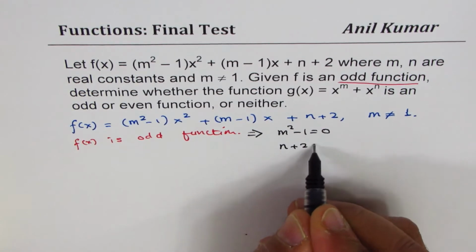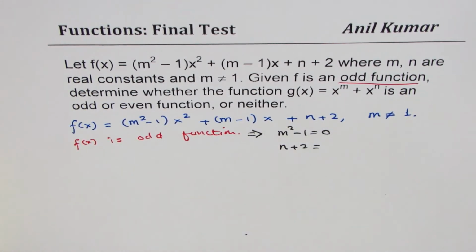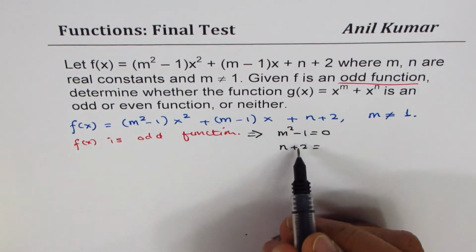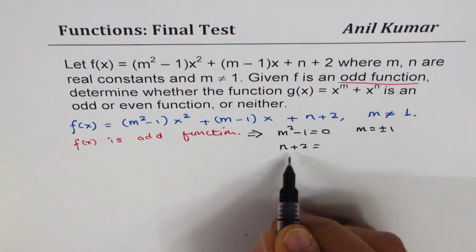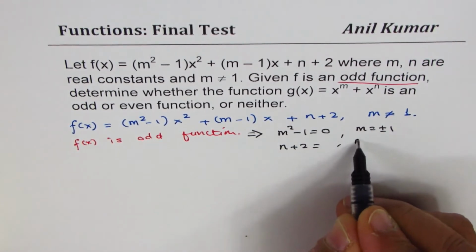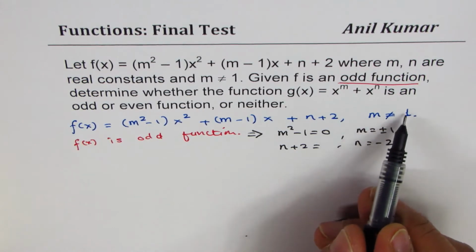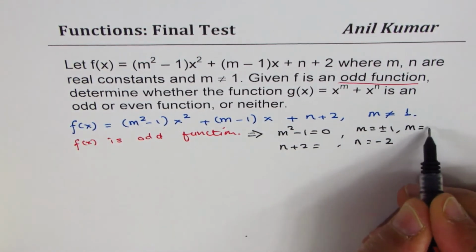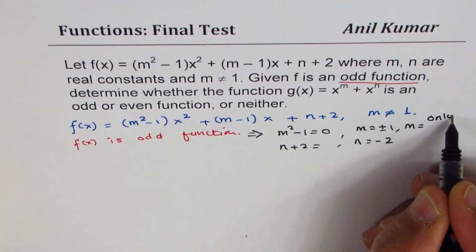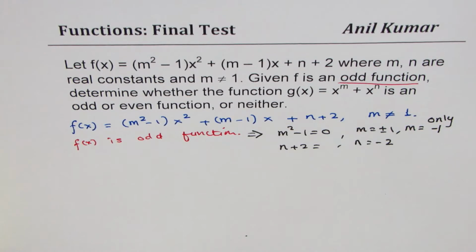Only then it can be an odd function. Now when you solve these two, what you get here is m equals plus minus 1, and here you get n equals minus 2. Since m is not equal to plus 1, that means m is equal to only minus 1, right?